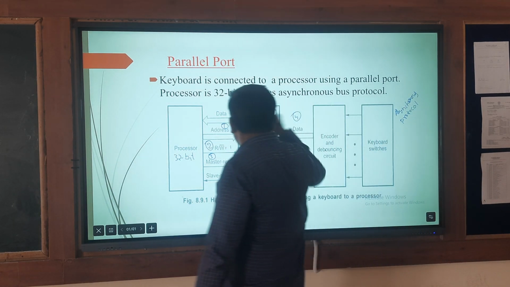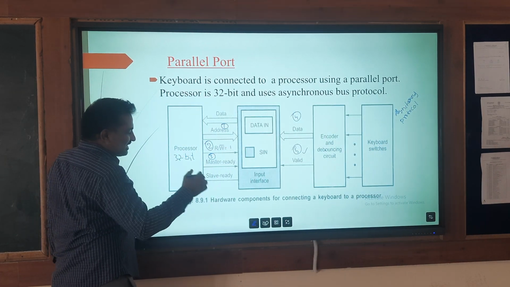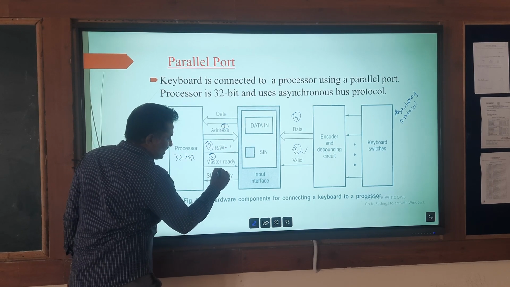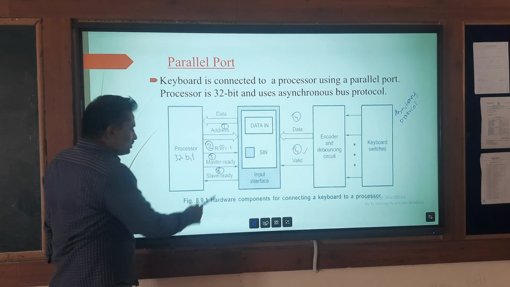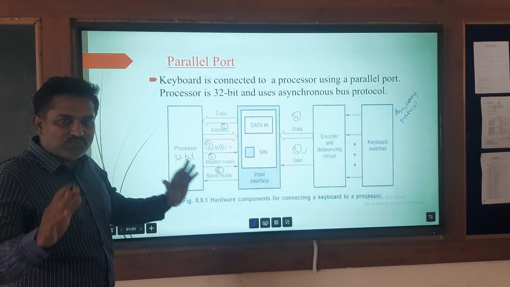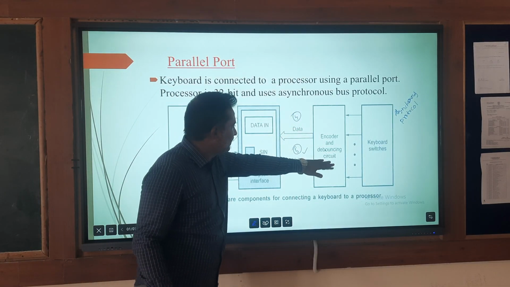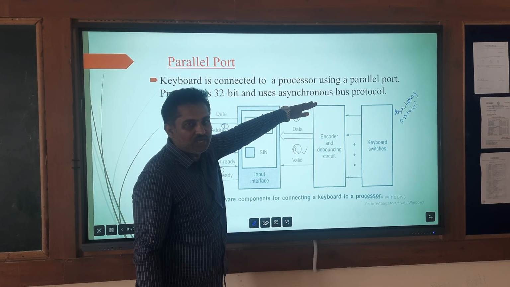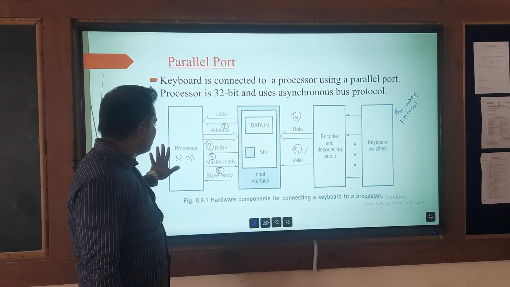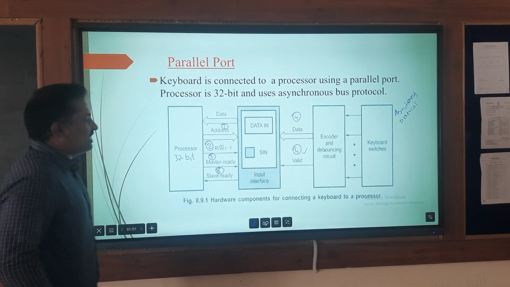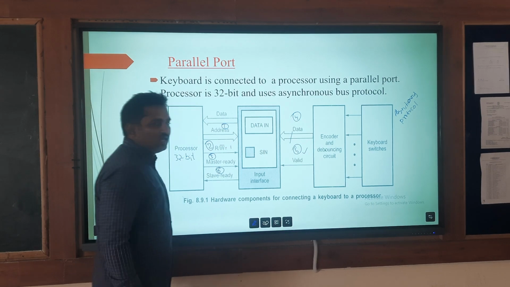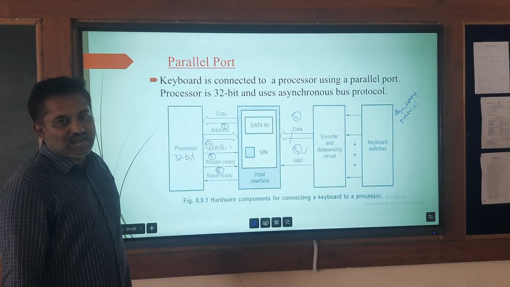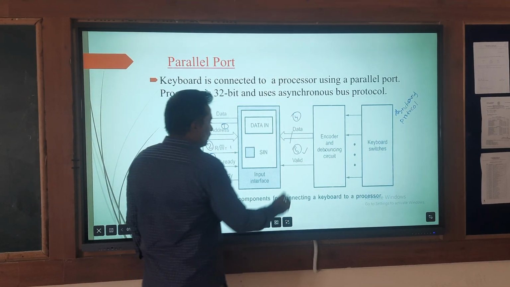Then next, the input device asserts the slave ready signal, saying I finished my operation, so that the processor identifies the data is placed on the data bus. The processor recognizes it with the help of the slave ready signal. See my friends, if you observe the data lines, there are multiple data lines, that is, parallel operation is performed.